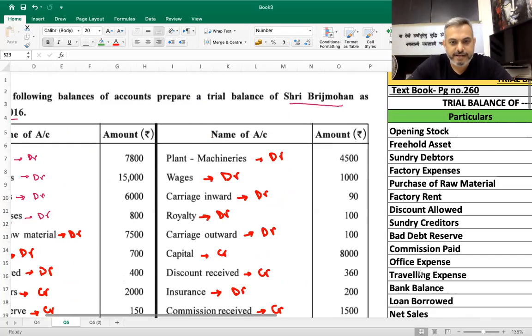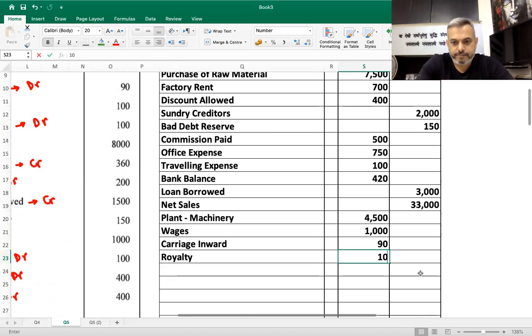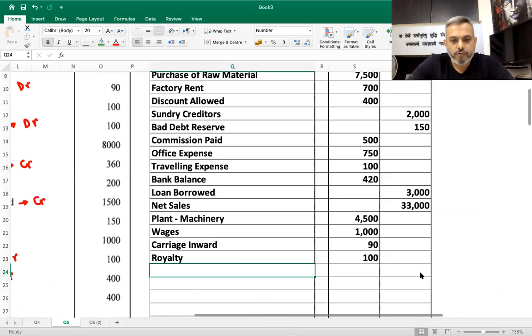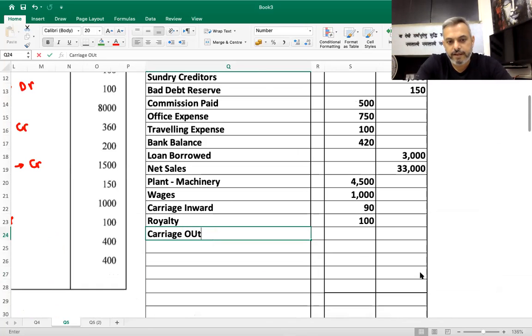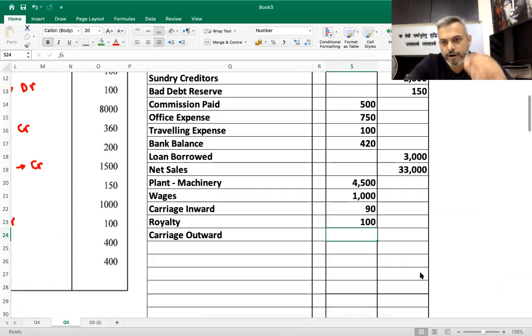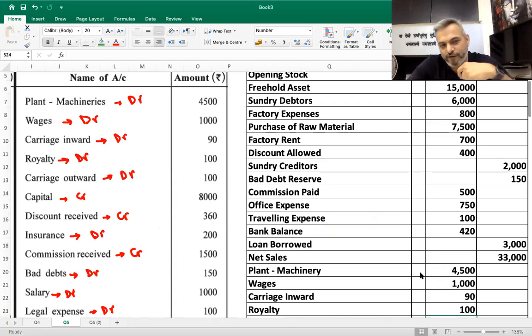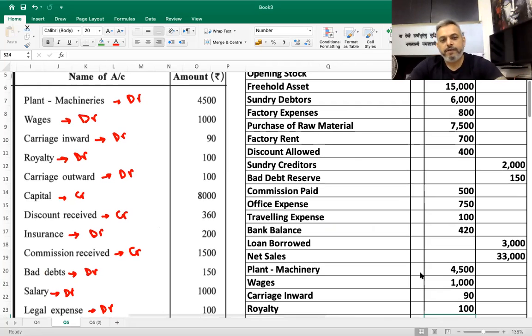So royalty expense 100. Carriage outward is not credit, it is debit. Because of the word outward, you don't get confused. It is carriage we paid for sending goods out. So 100.